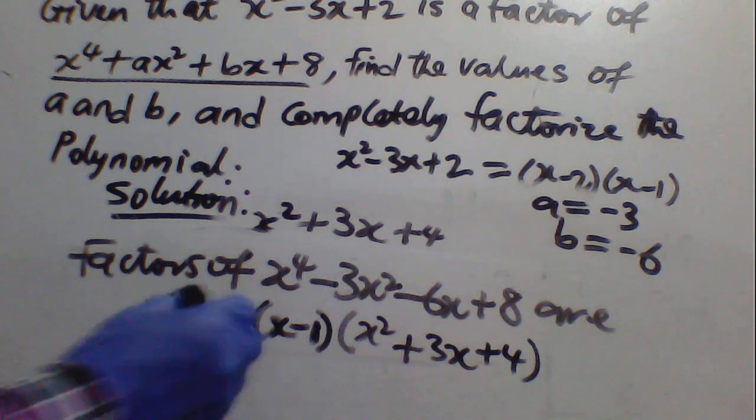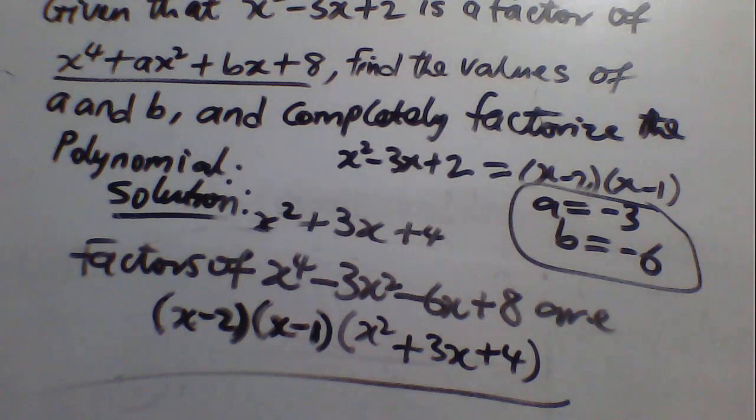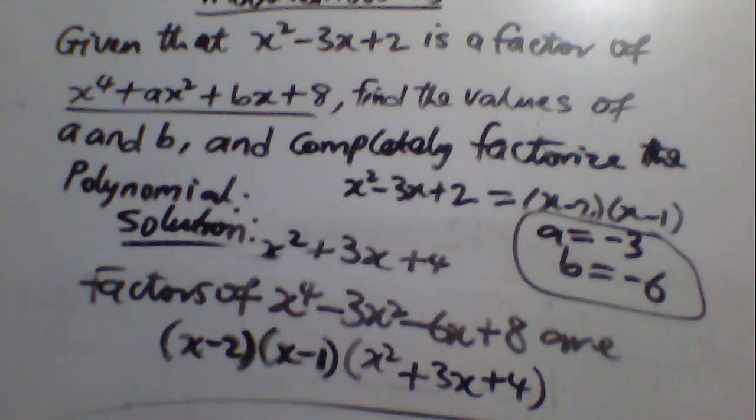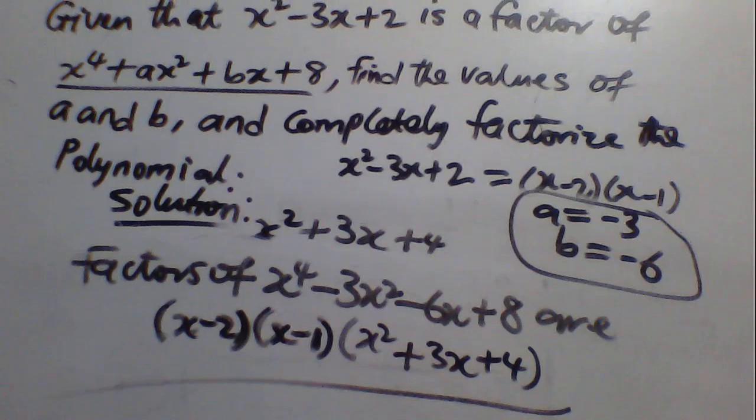That is it. We have completely factorized it. And the values of A and B: A is equal to minus 3, B is equal to minus 6. That is what is required of you.